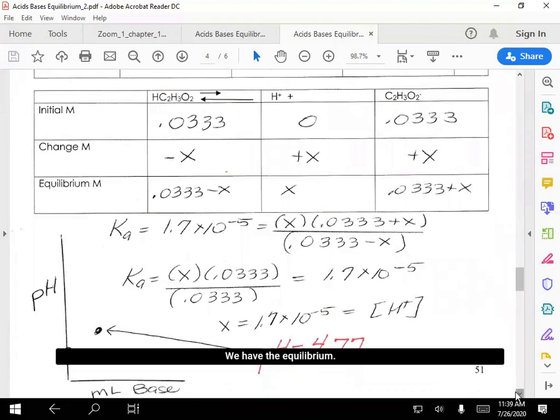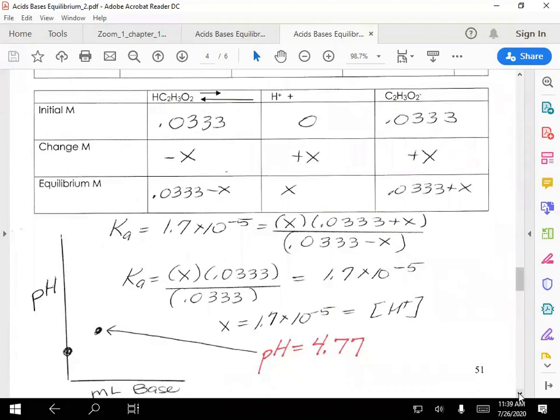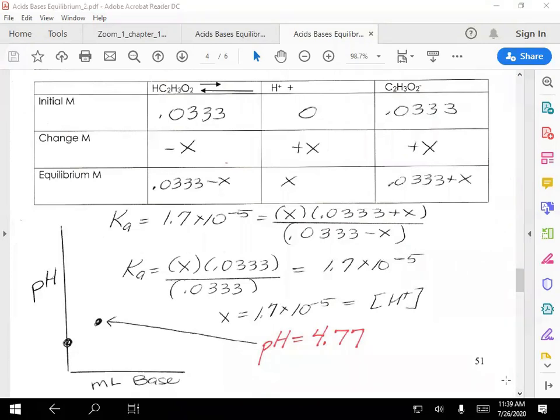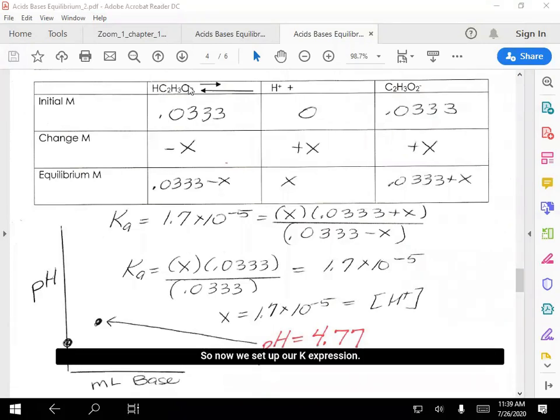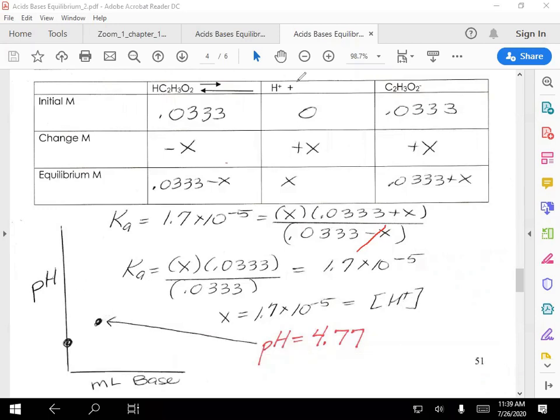We have the equilibrium. So now we set up our K expression. We simplify, use the 5% rule. We solve for X. X is our hydrogen ion concentration, and then we can get the pH. So we have added some base, so the pH is going up a little bit on our titration curve.